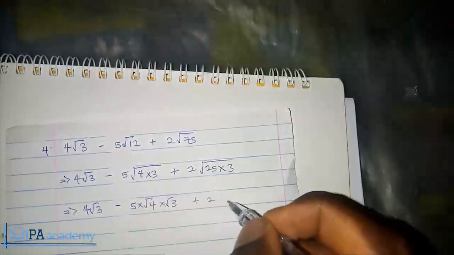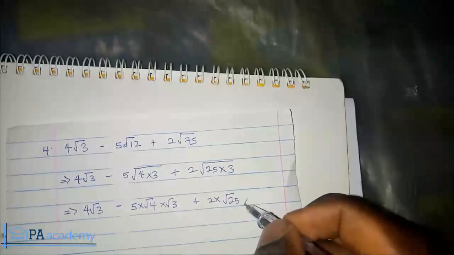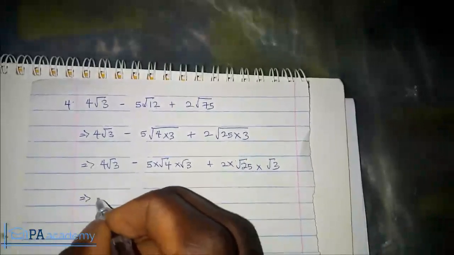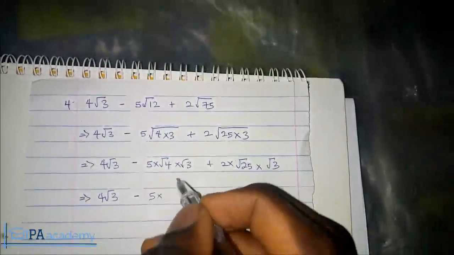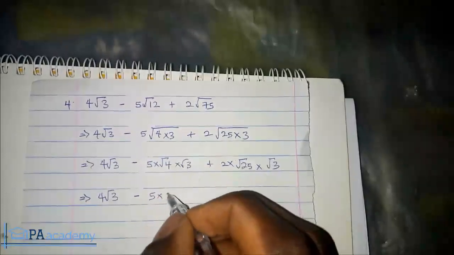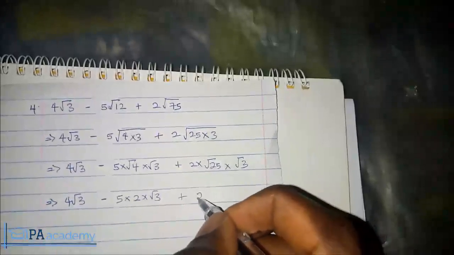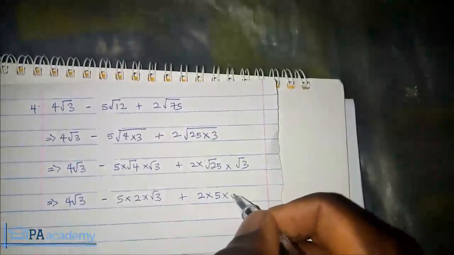So plus 2 times square root of 25 times square root of 3. So here we have 4 root 3 minus 5 times the square root of 4 will give us 2 times root 3 plus 2 times square root of 25 is 5 times root 3.